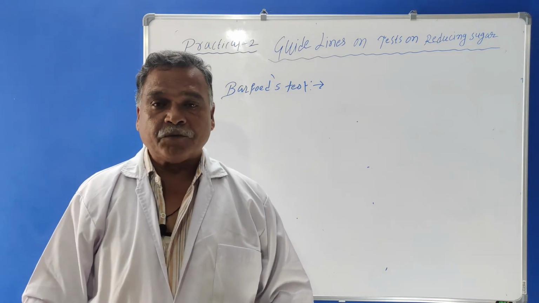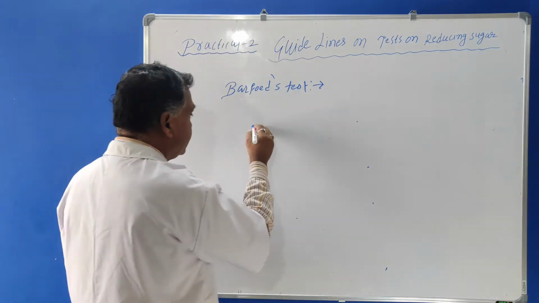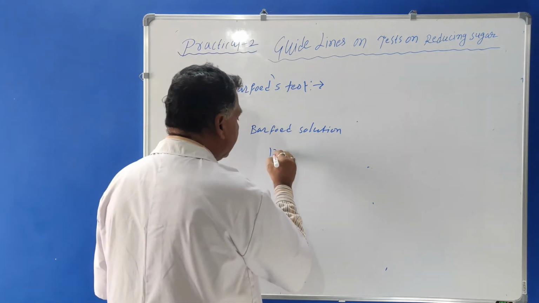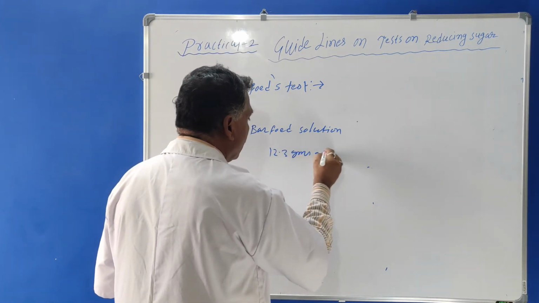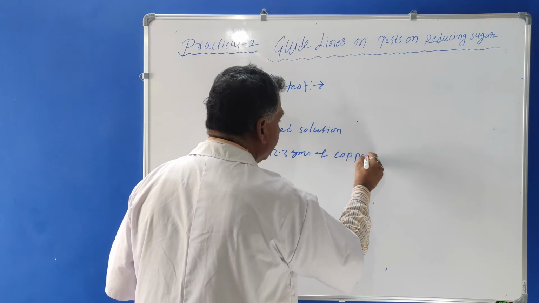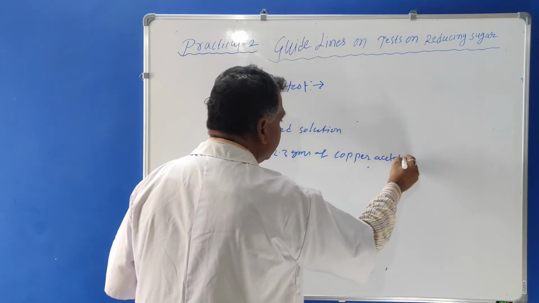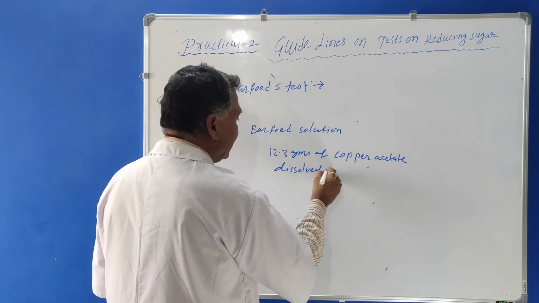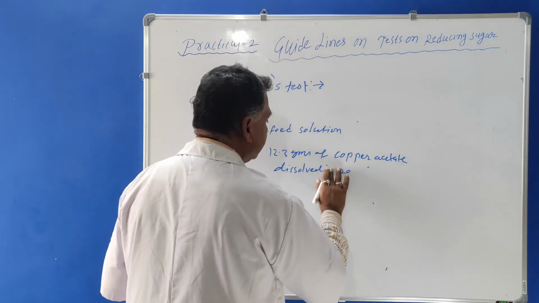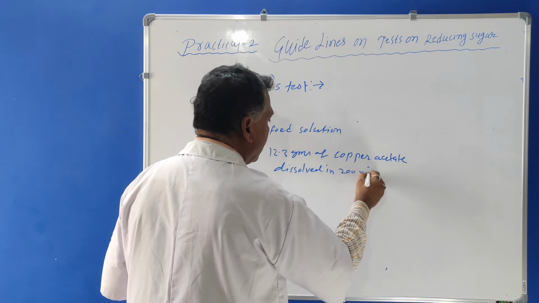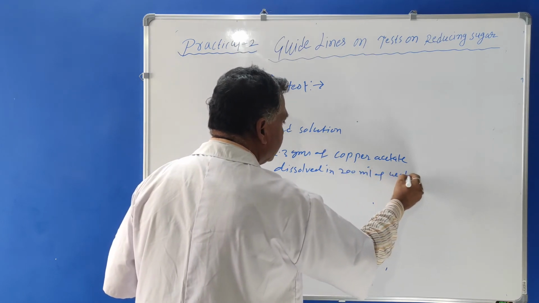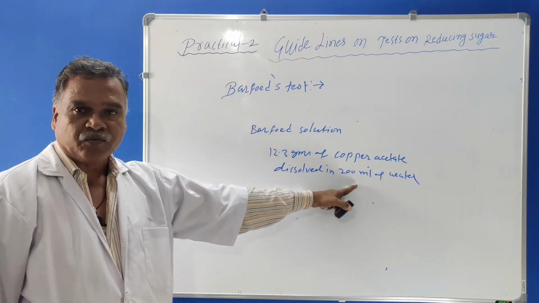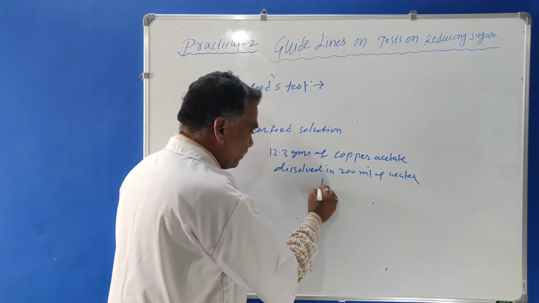Now we'll prepare the Barfoed solution. How is it prepared? 12.3 grams of copper acetate is dissolved in 200 ml of water, and it is to be filtered.